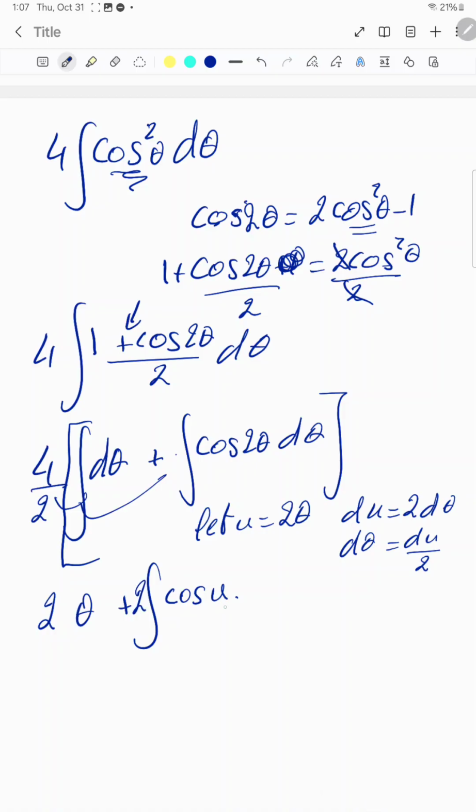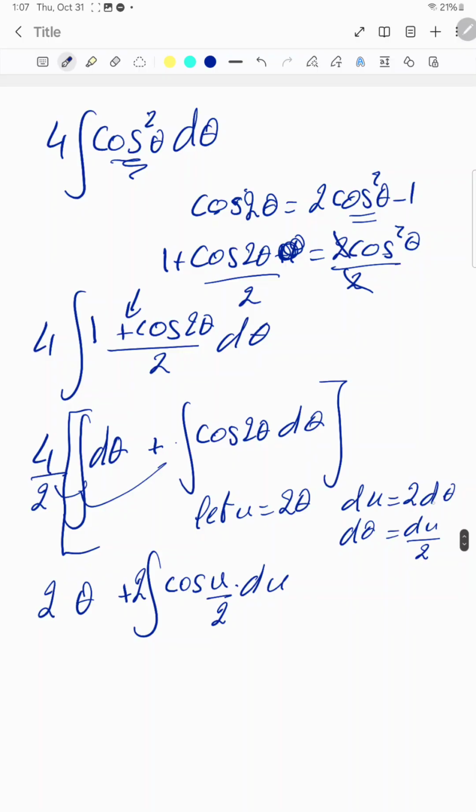There is a 2 here, du divided by 2. So I replaced my d theta here by du divided by 2. So that 2 with that 2 would disappear.